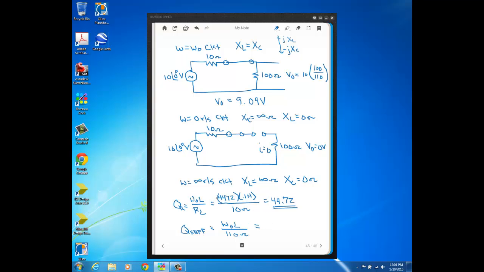Same numerator divided by 110 gives you a Q of just over 4, 4.07, which is less than 10. So your frequency response curve would be asymmetric. You couldn't assume symmetry, because remember, symmetry for all practical purposes occurs when the quality of the bandpass filter is at least 10. So this is a good stopping point.